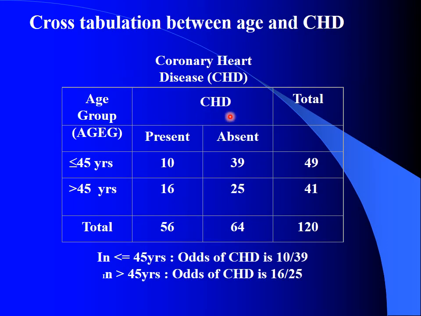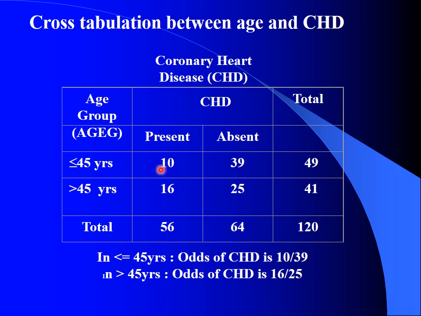Like this is coronary heart disease, younger age and older age. So this can be tabulated like this. We have total number of individuals 120. Sorry, this is 26, and these totals are incorrect.